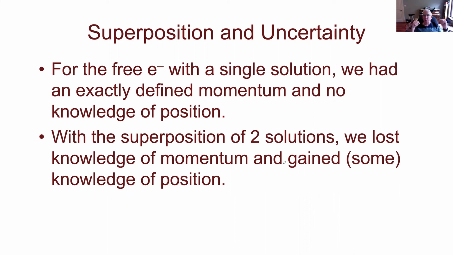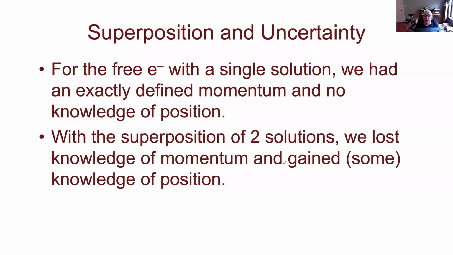So if one of them is going this way, then the other one is going that way. With the coefficients the same, those two things are equally likely, right? And that means that your momentum will either be plus or minus that quantity, depending on the instant of the measurement, right? So when we did this, we lost knowledge of the momentum because we used to know the momentum as a fixed value, right? It was an eigenvalue. Now it's not.